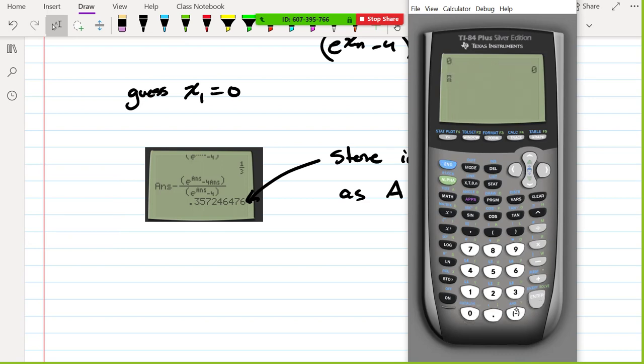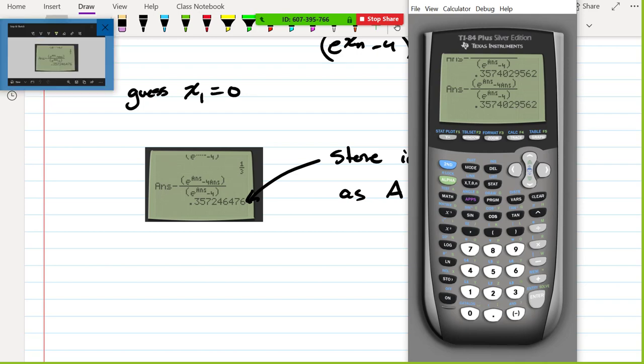So second answer minus... So that's actually the one I want to store in my calculator.